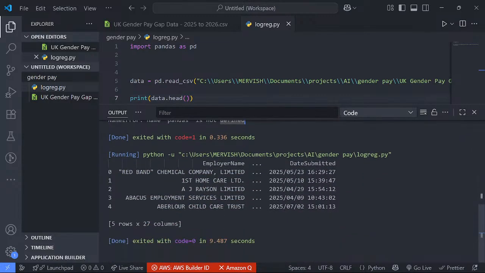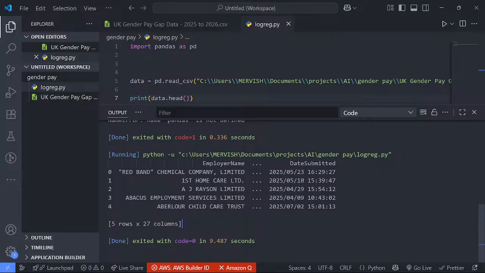Whoa, look at that. Employee name, date submitted. So it could be represented in a matrix. So 5 rows, and we have 27 columns.